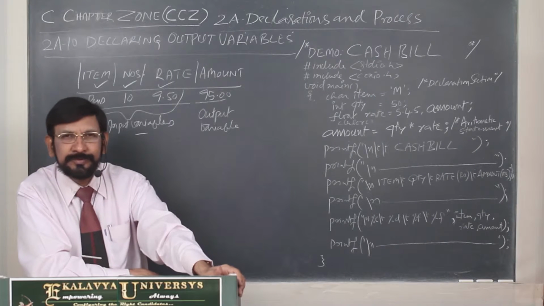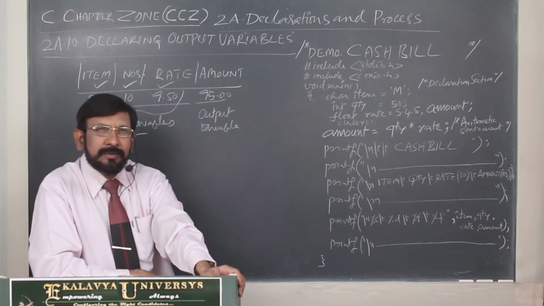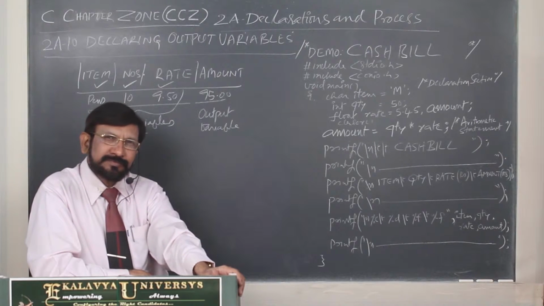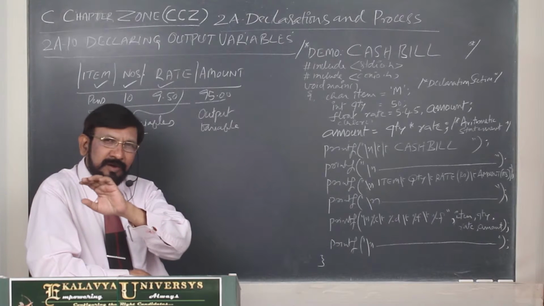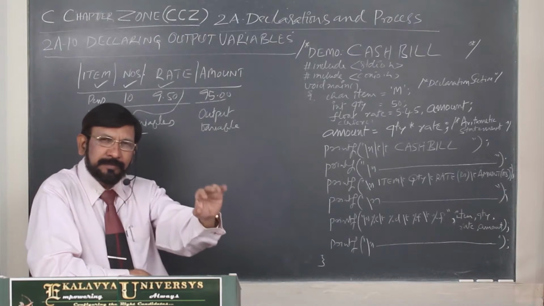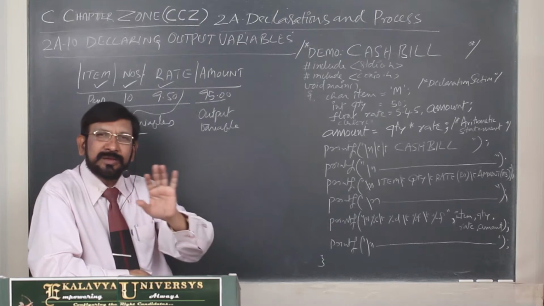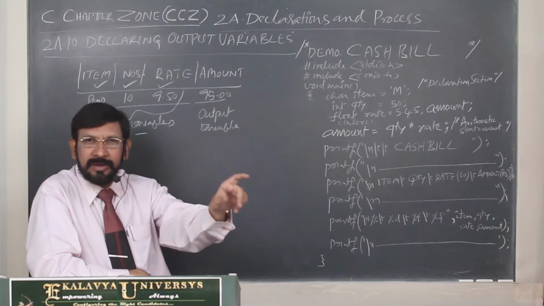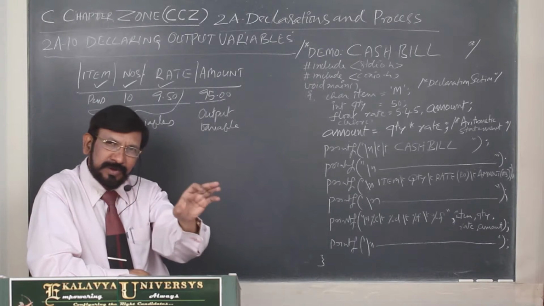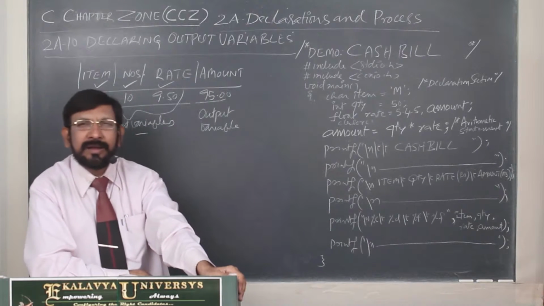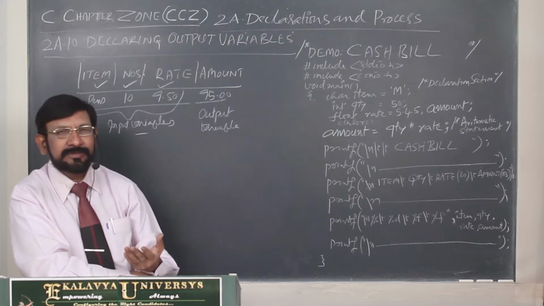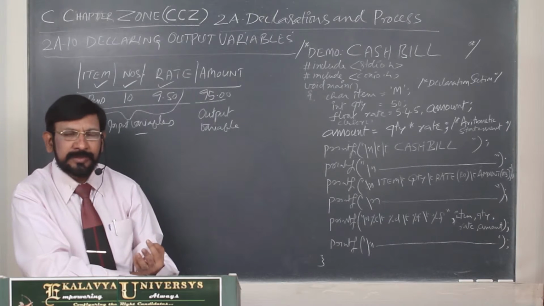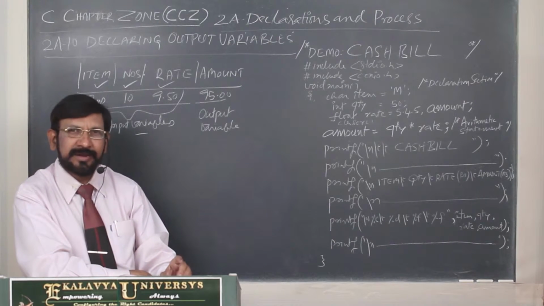One more example I give you. You have 5 papers and you enter your marks in the 5 papers. Those are input variables, and for that you have to create input variables. And your program generates the total marks, average marks or percentage of marks, and grade.